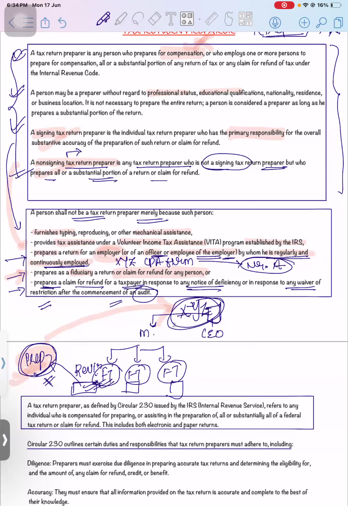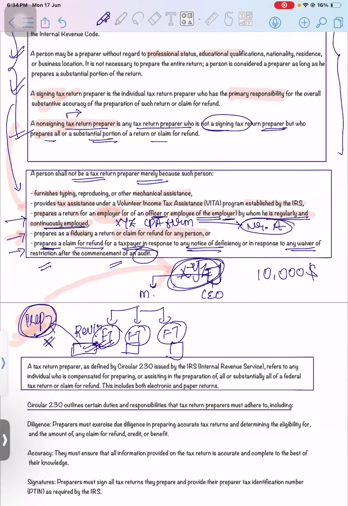So once the audit notice is received, and you reply in that response, and along with that, you are going to amend your return to go for a refund claim. Let's say you filed a return and you paid $10,000 of tax. But the IRS sent you a notice, and instead of 10,000, they are saying that your tax liability is 50,000. Now the IRS audit has already started, and there is a rule we will see in the last chapter.